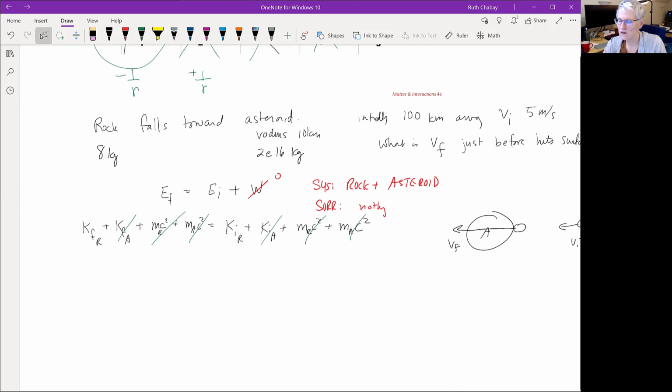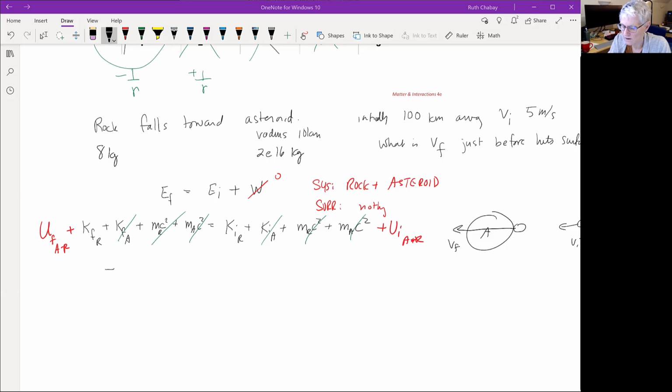But what else has to go into this equation? What else do we need to add? We need to add the potential energy. So the U final of the asteroid-rock system here, and here we need the U initial of the asteroid-rock system.